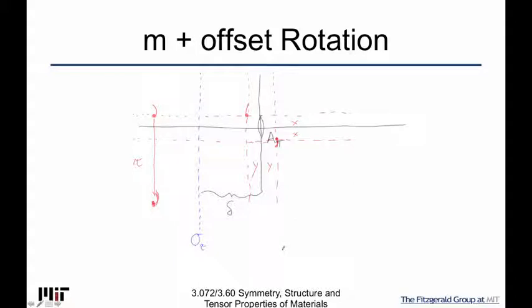Now what we're going to look at is the equivalent operation. If I were to somehow reflect this down and translate, a single glide plane representing this direction would work.